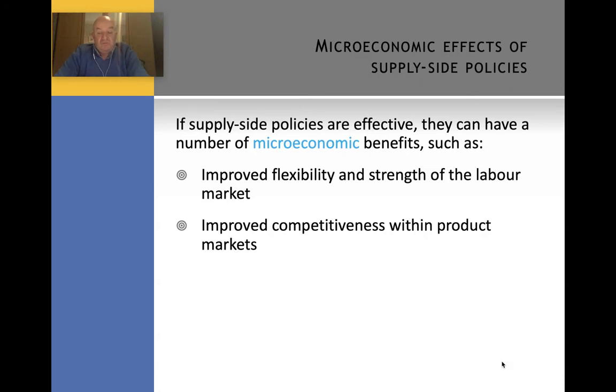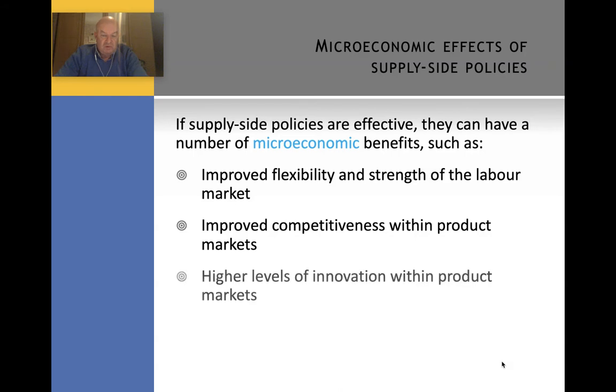It could also improve competitiveness within product markets. You think about some of the other things that might happen in terms of supply side policies: improvements in infrastructure, transportation and communications, and also improvements in training and education, and more investment by businesses. That could hopefully improve the competitiveness within product markets, and hopefully higher levels of innovation where we're getting more competition happening in different markets.